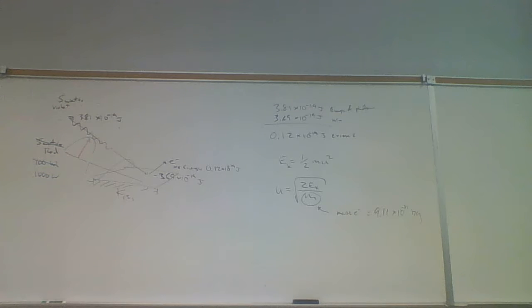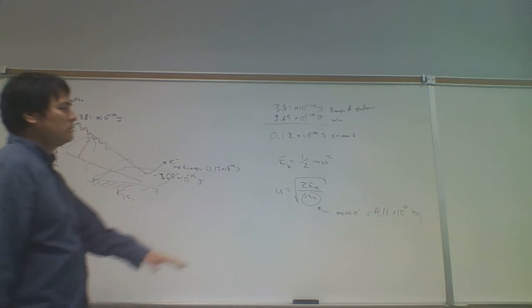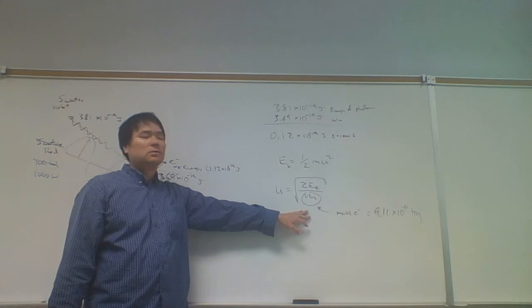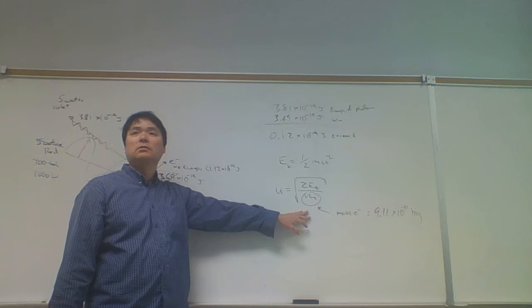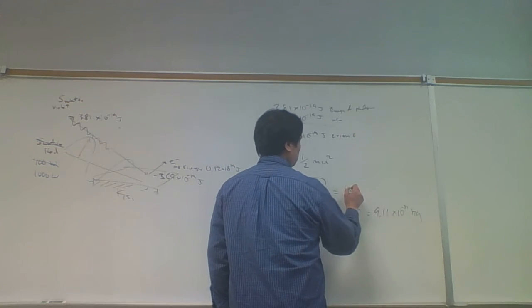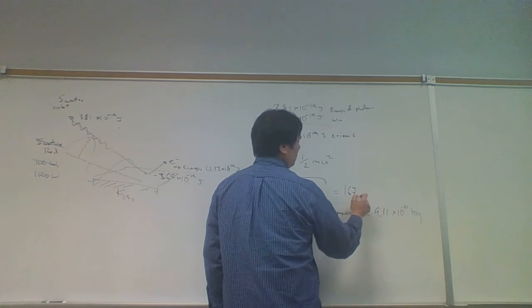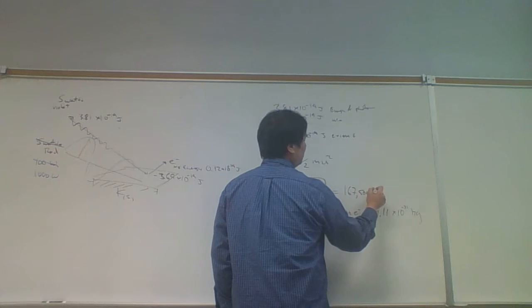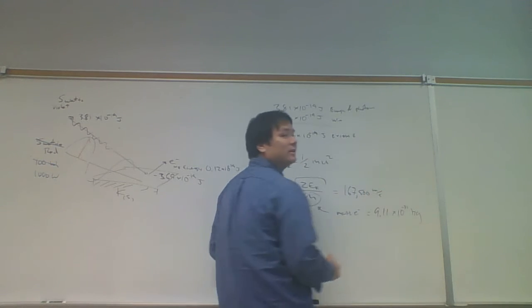We use this equation to calculate the velocity, and it comes out to 1.679 times 10 to the 5 meters per second, about 167,500 meters per second. It's fast.